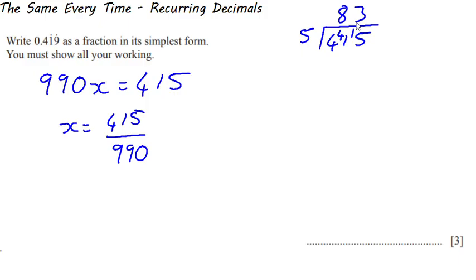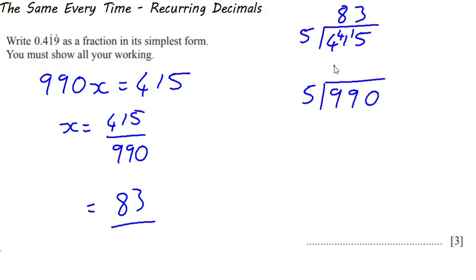So that's going to be 83, and then 990, it ends with a 0, so I know it divides by 5. 5's into 9 is 1, and 1 5 is 5, I wanted 9, so 4 left over. 5's into 49, 9 5's are 45, I wanted 49, so 4 left over, there's my remainder. 8 5's are 40, so 198, so 83 over 198.